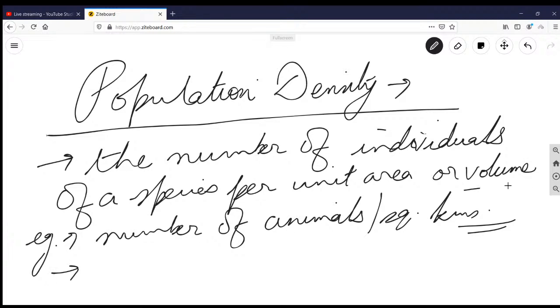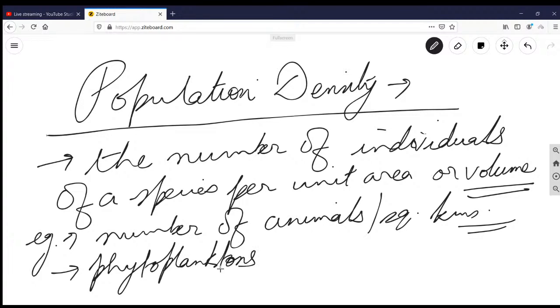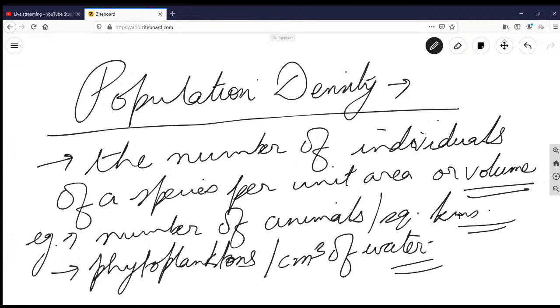That's why I said volume here. So number of phytoplanktons, if you measure, you cannot measure per area of land. They reside in water. So phytoplanktons per centimeter cube of water. Okay, that will come under the volume range. That's why I mentioned specifically per unit area or volume, right?